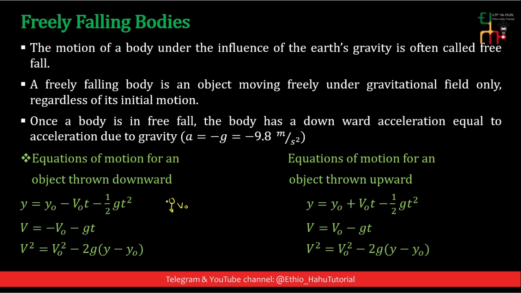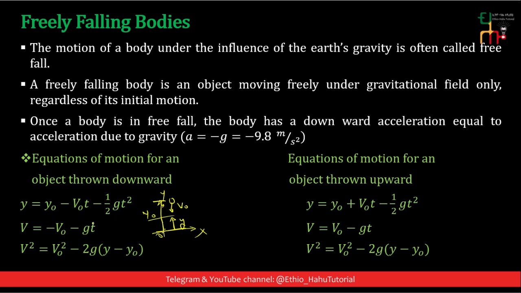If the particle is thrown from a certain elevated point, with the y-axis and the x-axis as our reference point, origin, above the surface of the Earth, this is y0. y is the vertical displacement of the particle at any instant of time. Say, when the particle reaches this point, this is y. That is the final position of the particle.